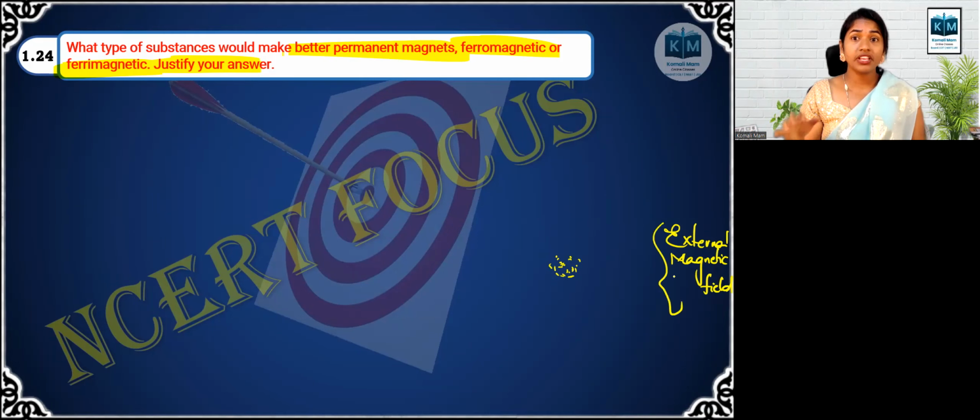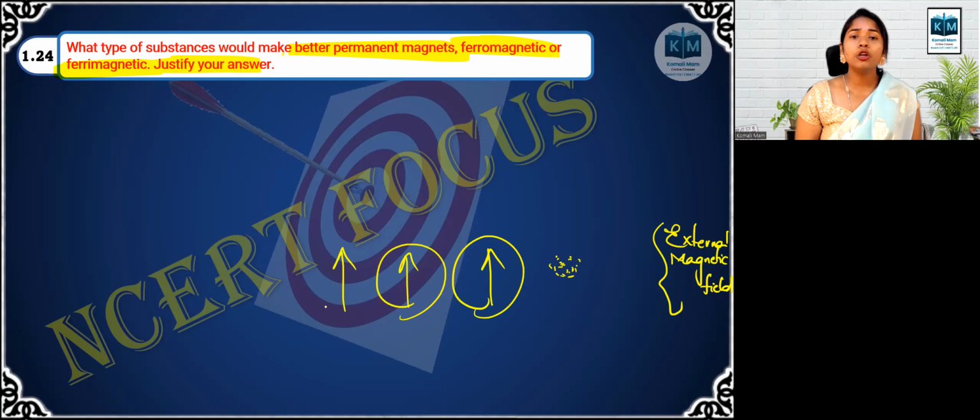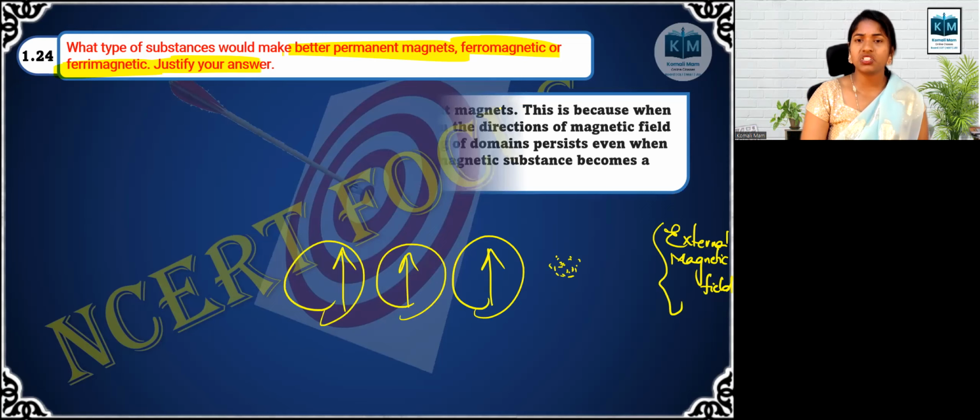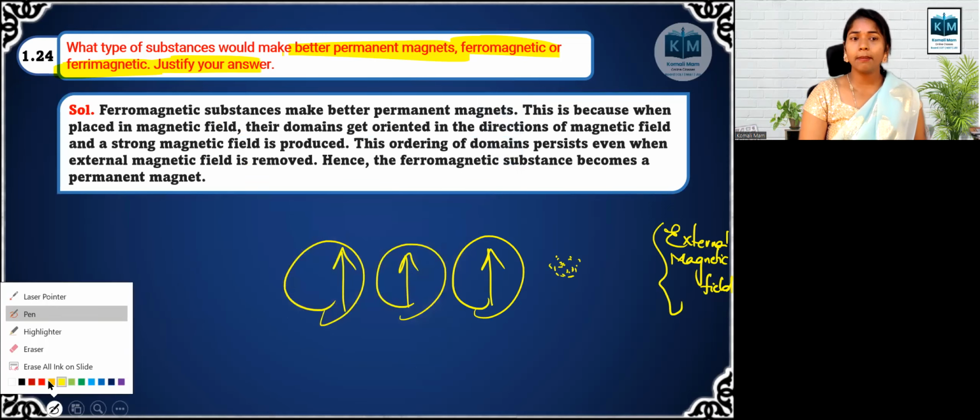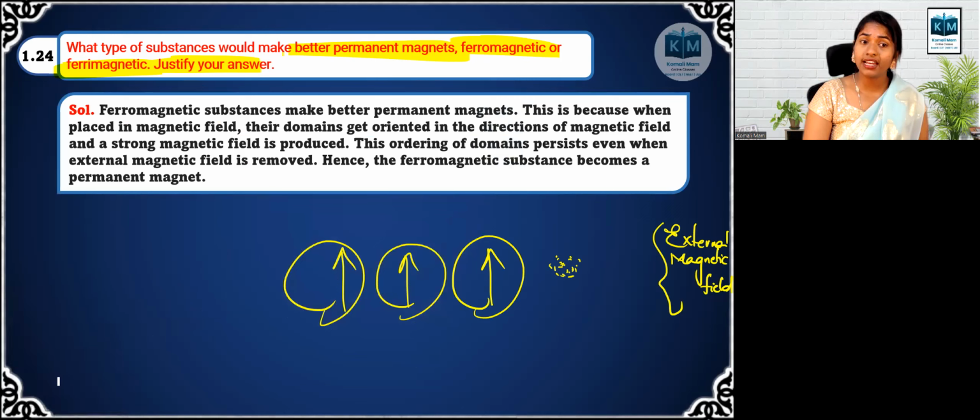But in the presence of an external magnetic field, all come to one certain direction. Got it? So all together we call it one domain. All domains are in one direction. Then we call it a ferromagnetic substance, and it is a permanent magnet. If you remove the external magnetic field also, it will act as a magnet.